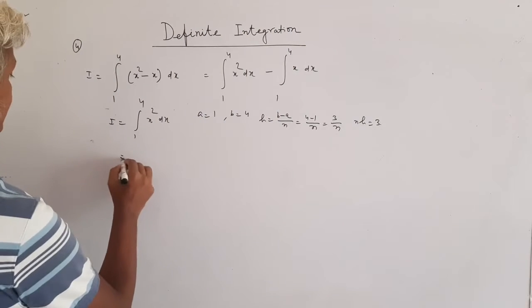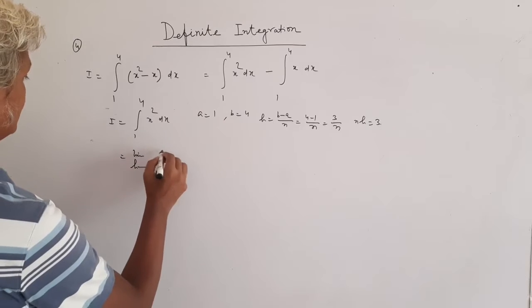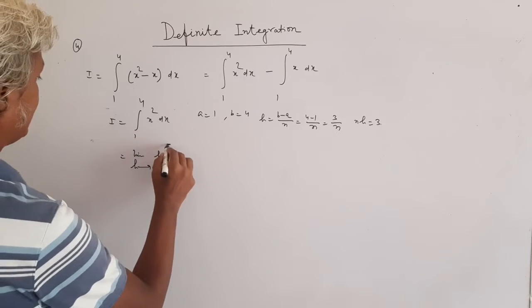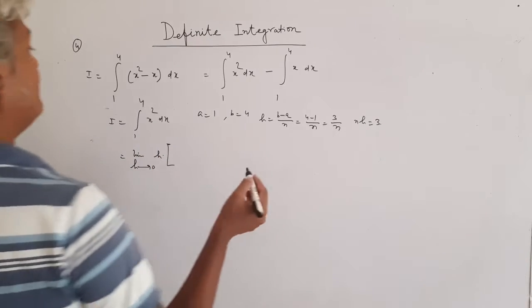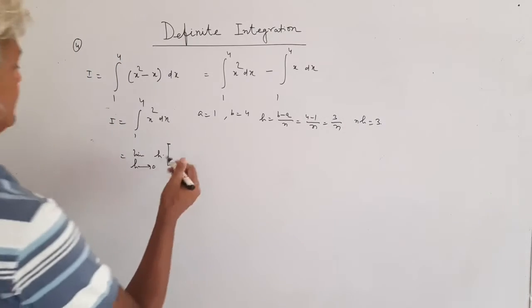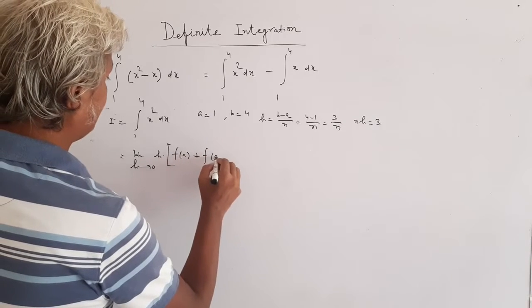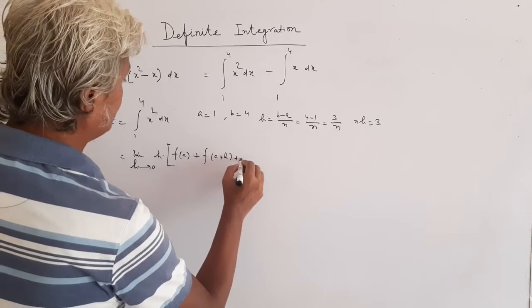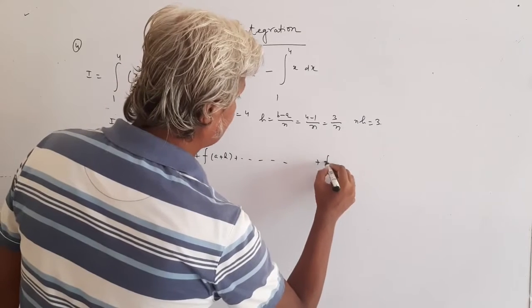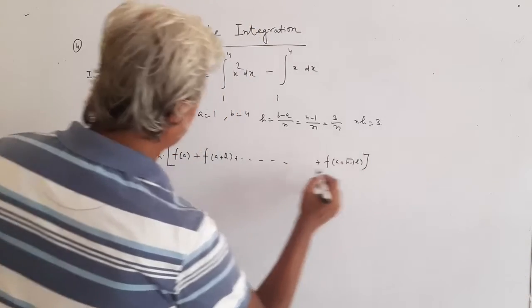Then I expand, limit h tends to 0, h times, but first we have to write the formula, so let me write it: f(a) plus f(a plus h) plus dot dot dot plus f(a plus (n minus 1)h).